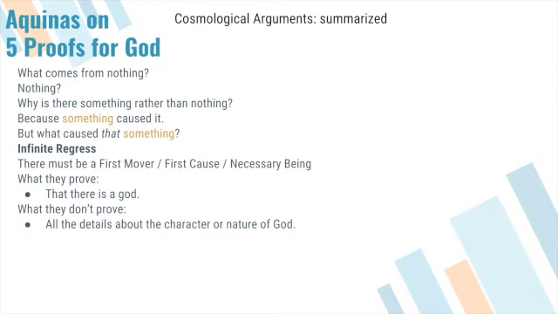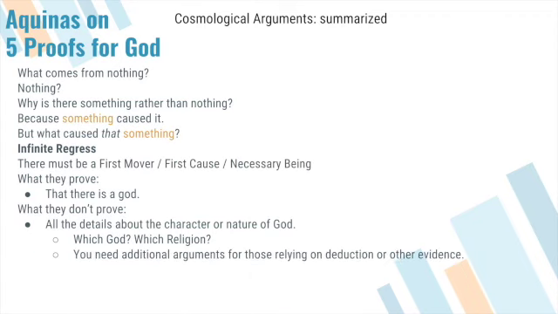They don't prove everything. They just prove something, namely that there is a God. Right? Which God? Which religion? You need additional arguments for those, relying on deduction and other evidence, right? You need other arguments to debate between religions, right?